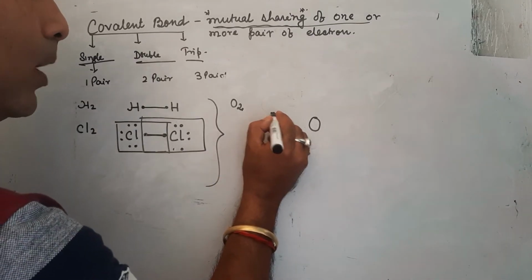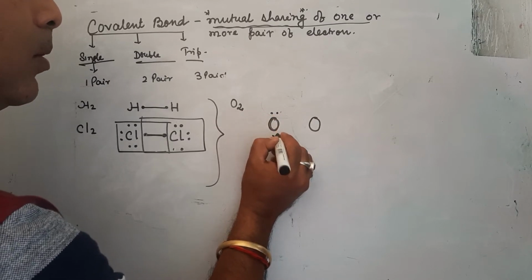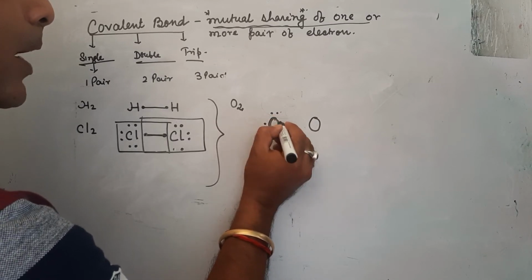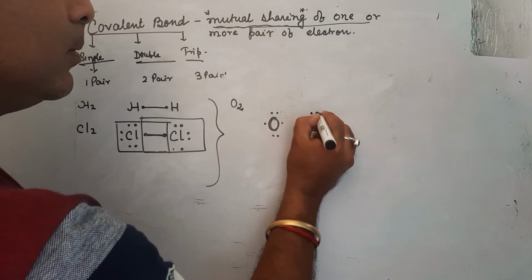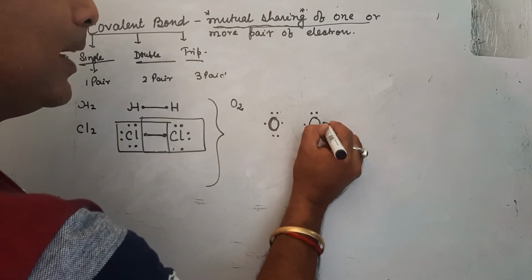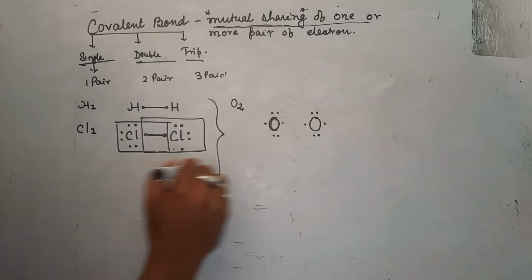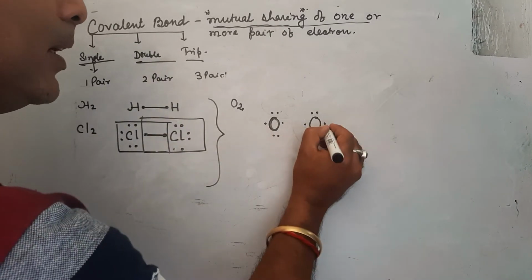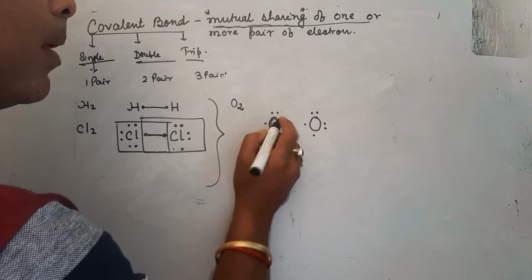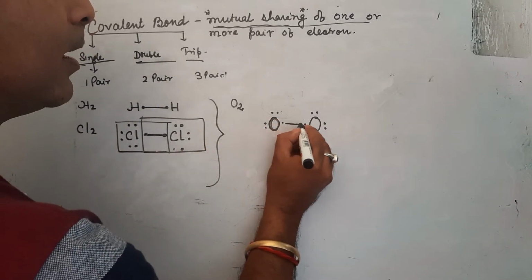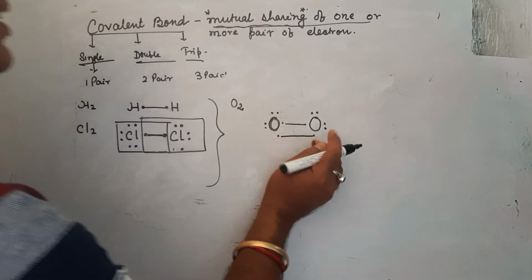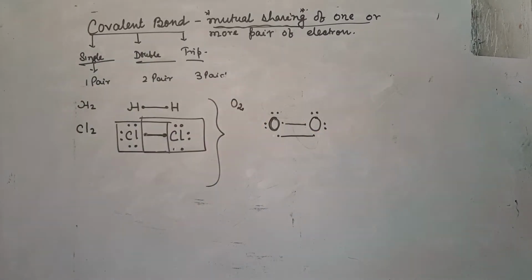So here 1, 2, 3, 4, 5 and 6, and here also 1, 2, 3, 4, 5 and 6. So this electron and this electron are mutually shared with each other.